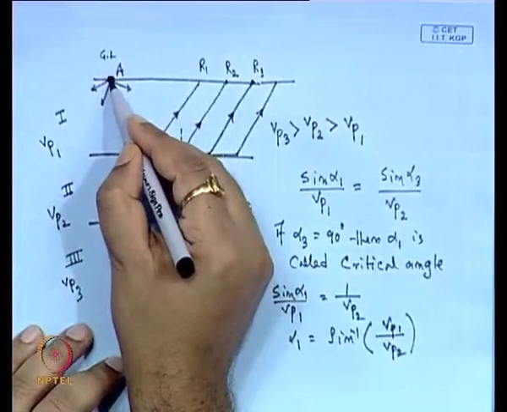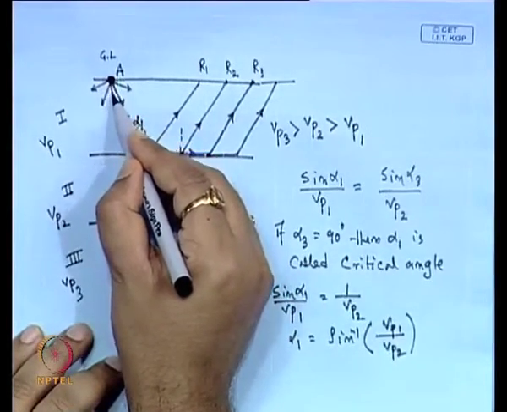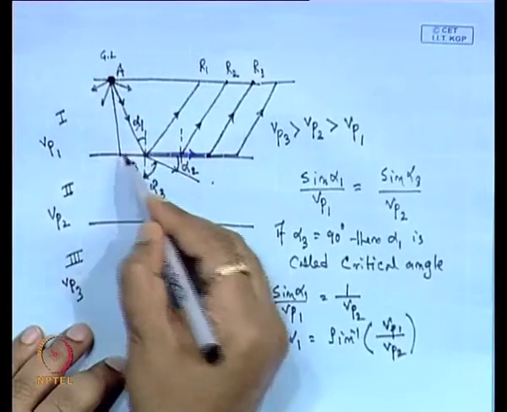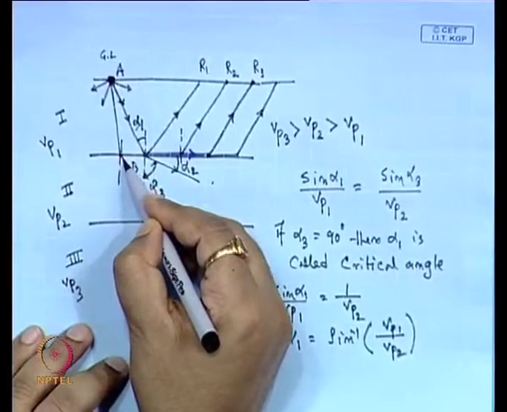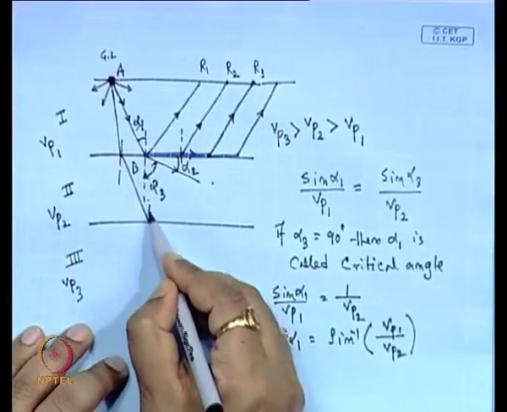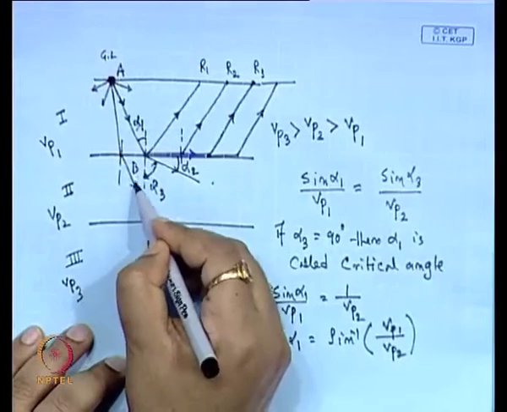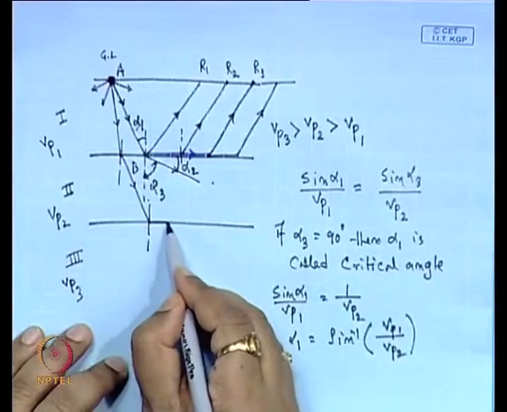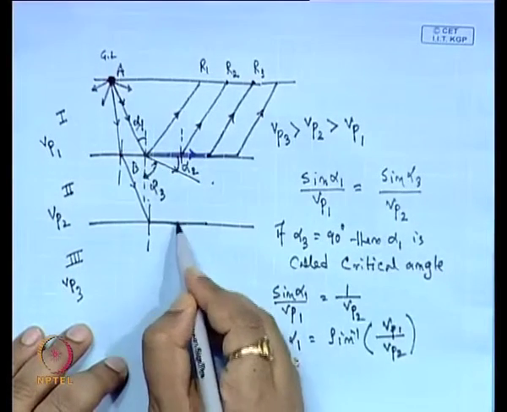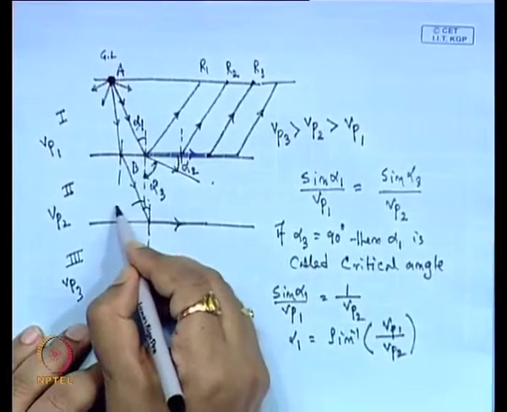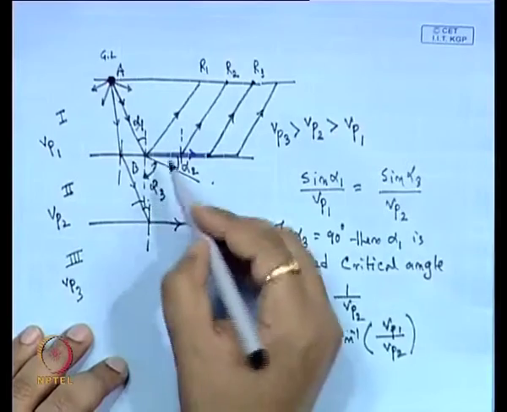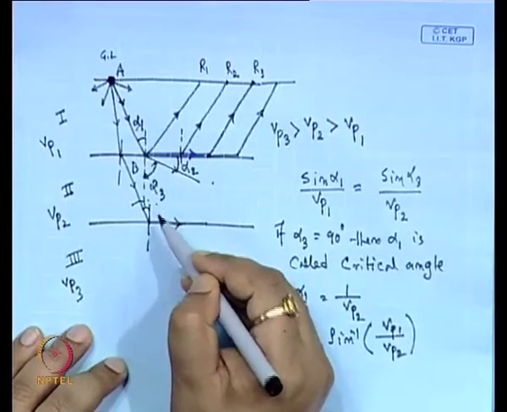So, in a 3 layer system, what will happen? It will follow this path, then in this fashion it will go, and then it will follow this route here. Suppose this angle is now the critical angle for the second layer and third layer.